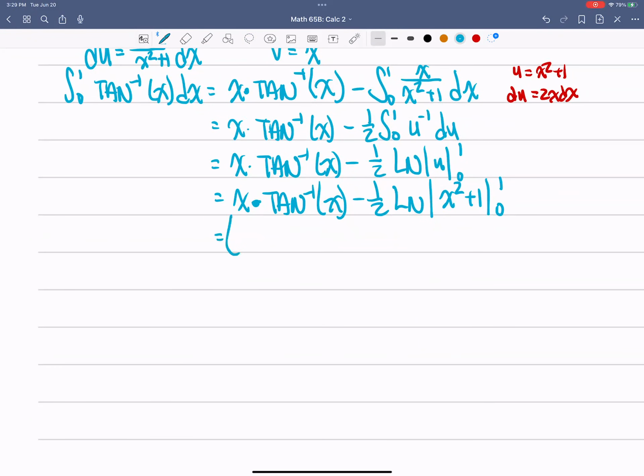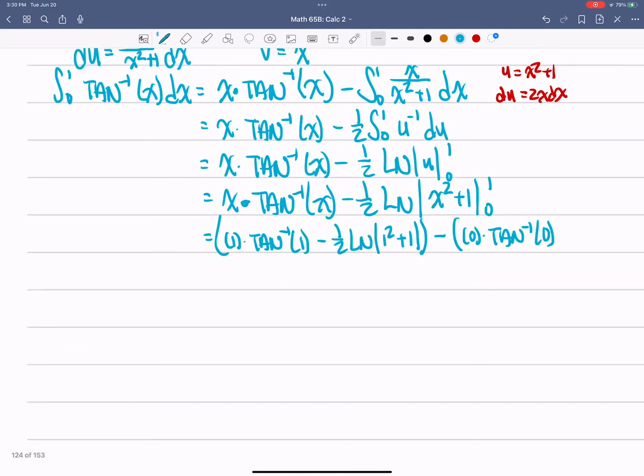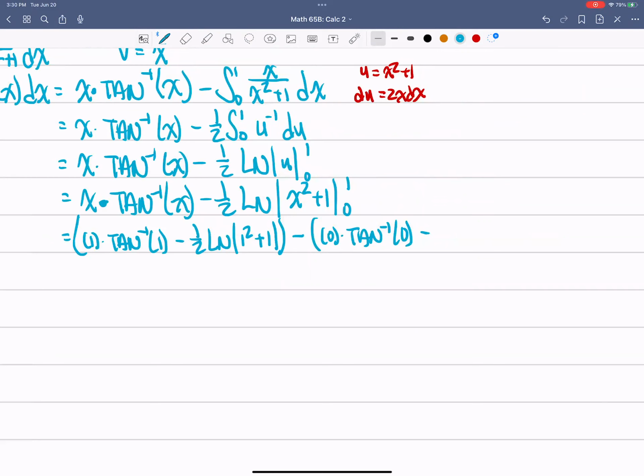First evaluating at 1, we have 1 times tangent inverse of 1 minus 1 over 2 ln of 1 squared plus 1. And we're subtracting evaluating at 0, so 0 times tangent inverse of 0 minus 1 over 2 ln of 0 squared plus 1.